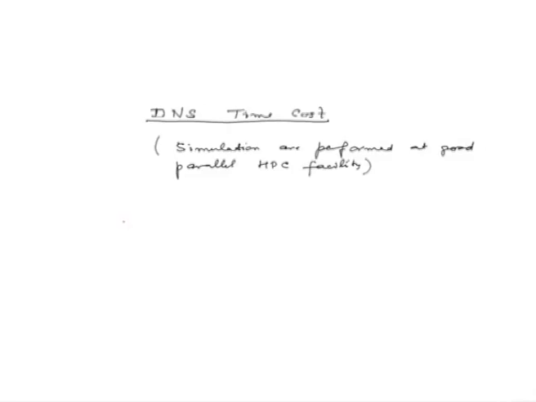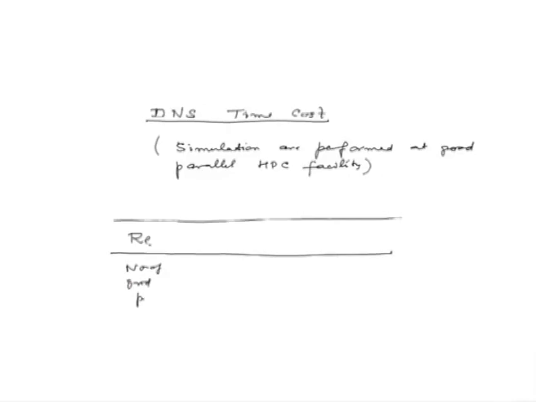Let us put these things in a tabular form: our Reynolds number, the number of grid points, and the simulation time.